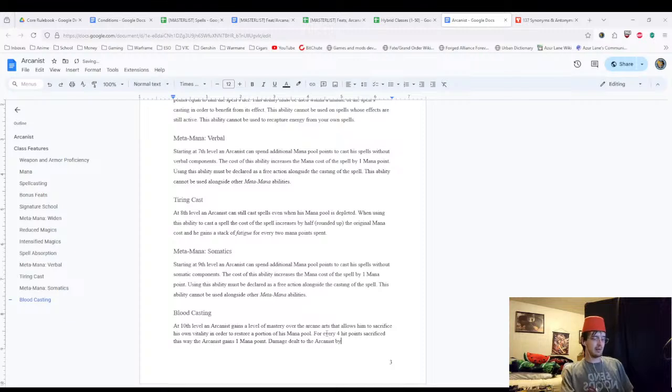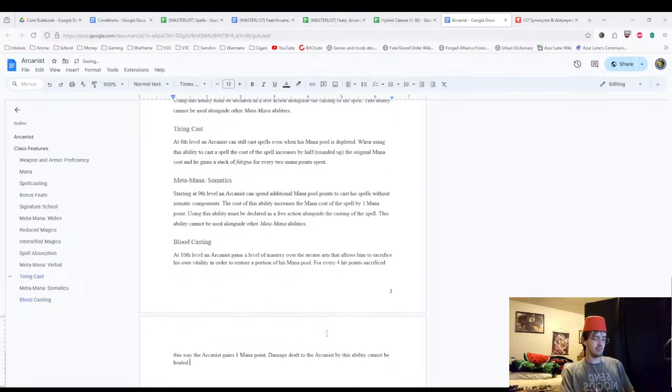Damage dealt to the Arcanist by this ability cannot be healed normally and must be healed by sleeping for, let's say, 12 hours. So that way you really can't shake this off. Yada yada yada.